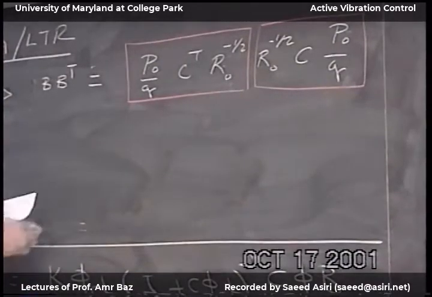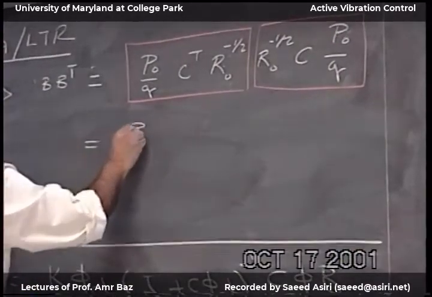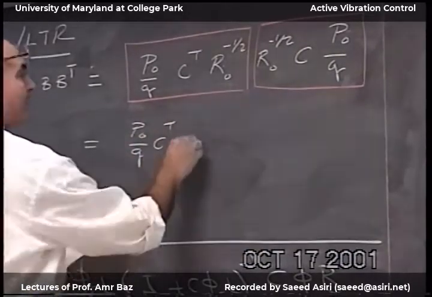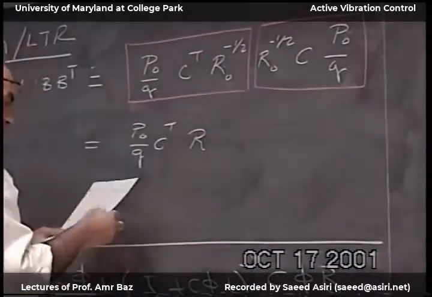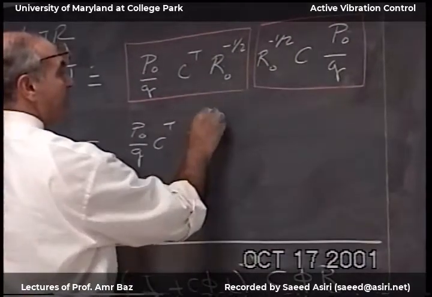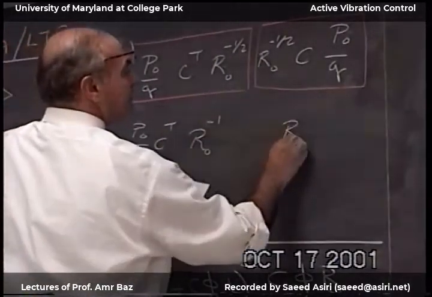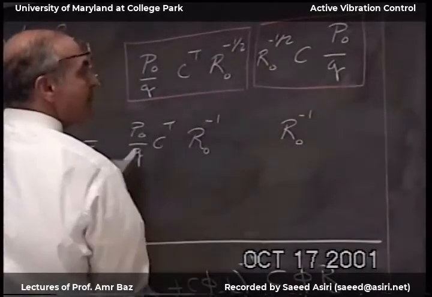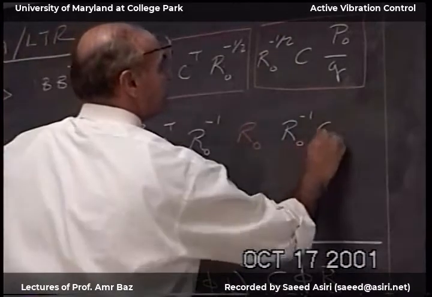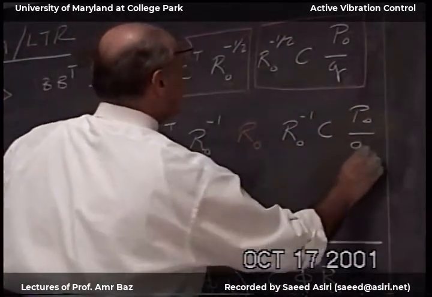And then we'll just make this here P0 over Q C transpose, and then R0 minus 1, and then I'll add here R0 minus 1, and then R0. And then we have C P0 over Q.